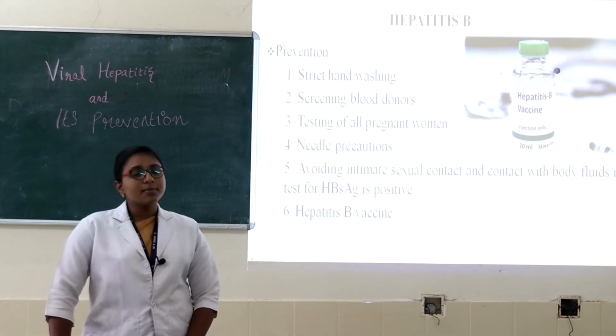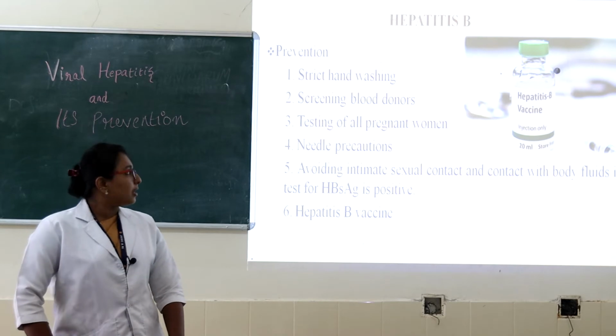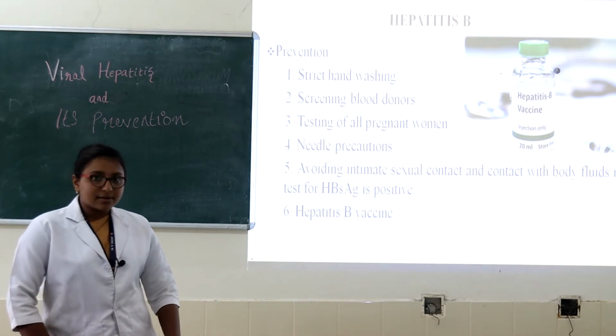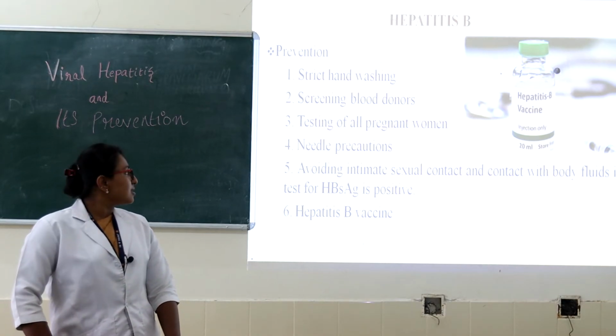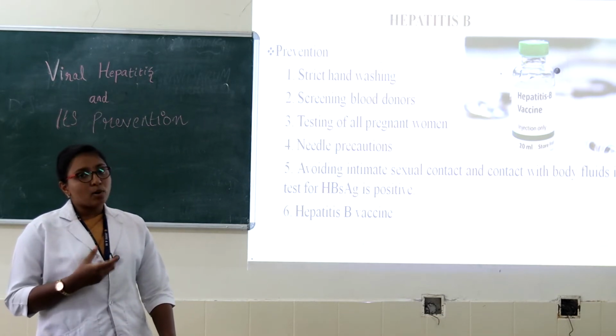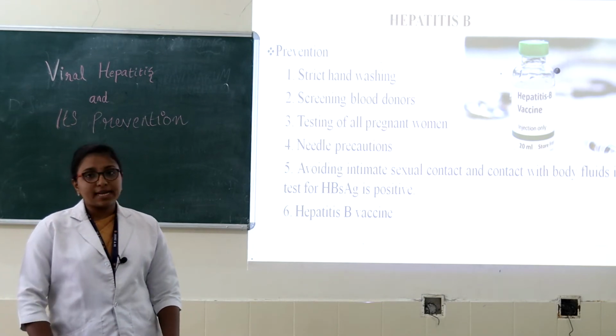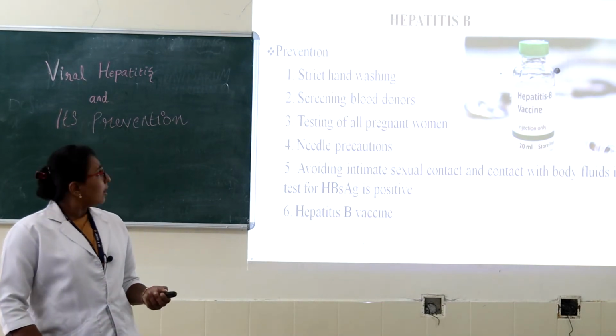The first and most important thing is strict hand washing, then serological screening, then testing of all pregnant women, then needle precautions, then avoiding intimate sexual contact or contact with body fluids of those infected with hepatitis B, then hepatitis B vaccine.